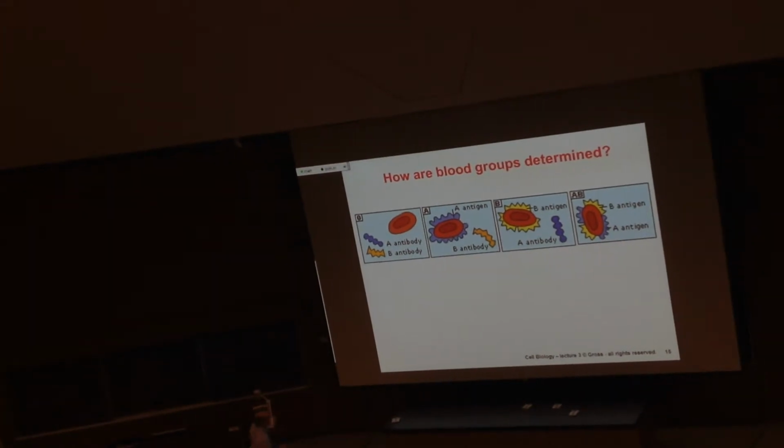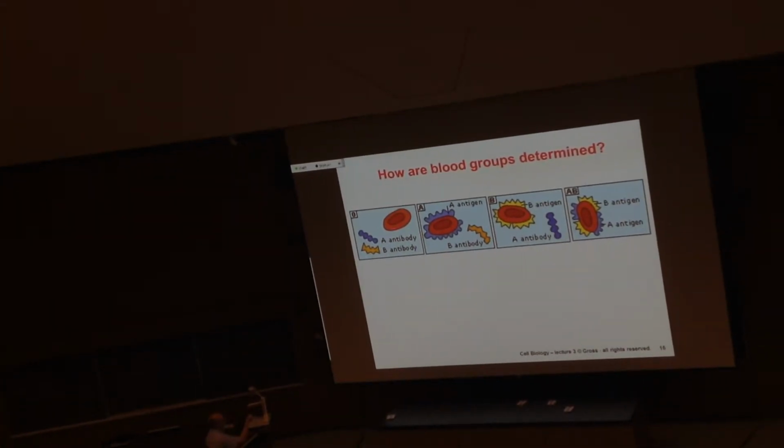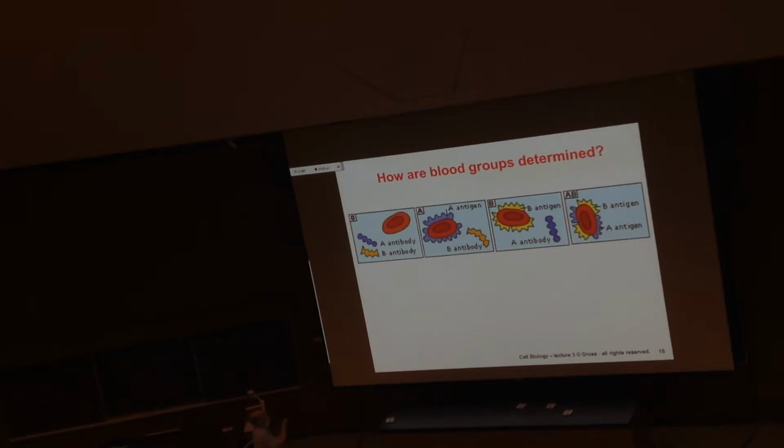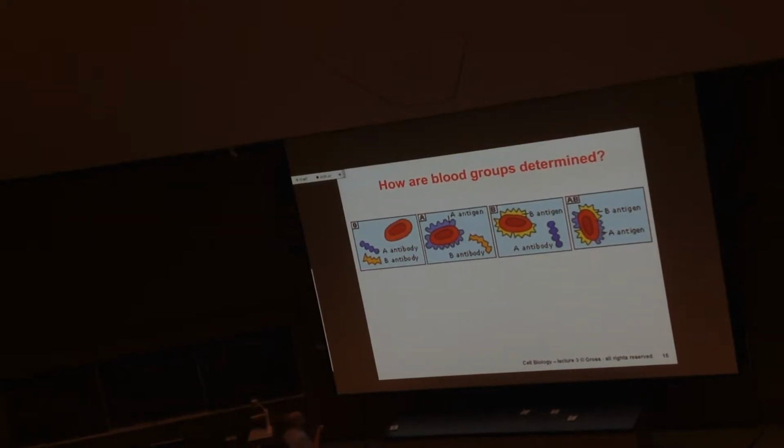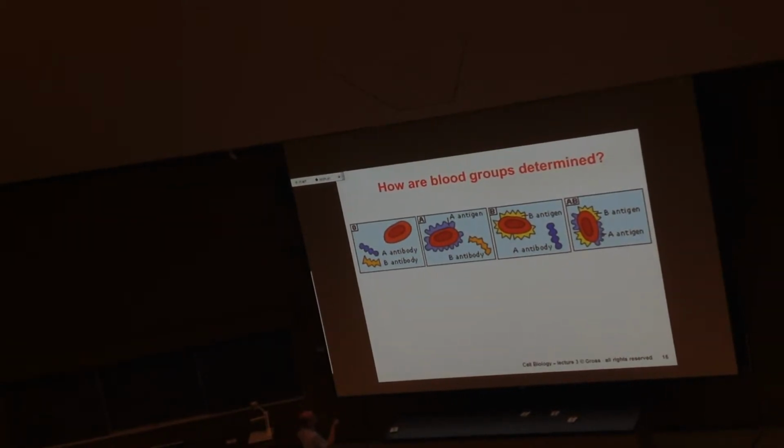So what does that mean? It means basically that if you took the blood and you mixed in what was called an A antibody, if it was O-type blood, which didn't have either one, the antibodies wouldn't bind the blood. But if it was A-type blood, if you mixed it in with the antibodies, the A antibodies would bind, but the B antibodies wouldn't.